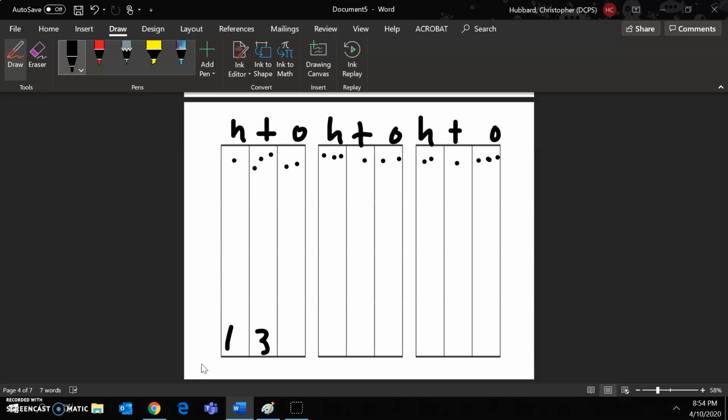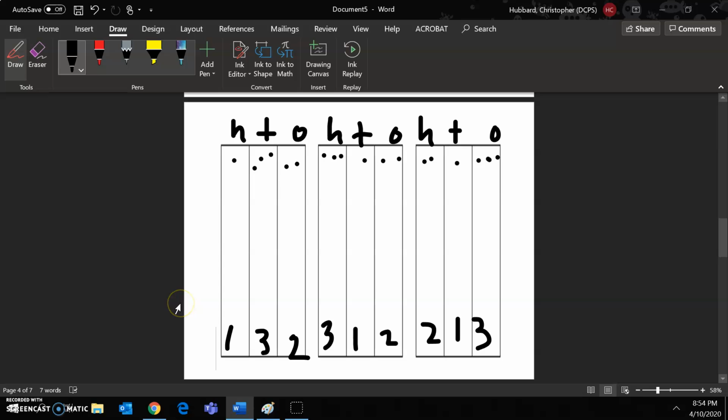Here's 132, 312, and 213. Go ahead and compare these numbers, figure out which one is greater between these two, and then which one is greater between these two numbers.